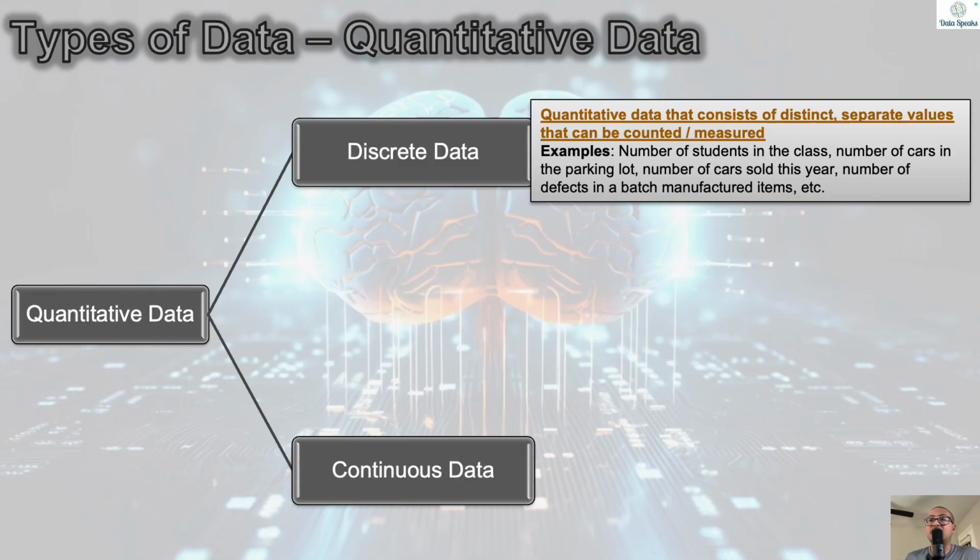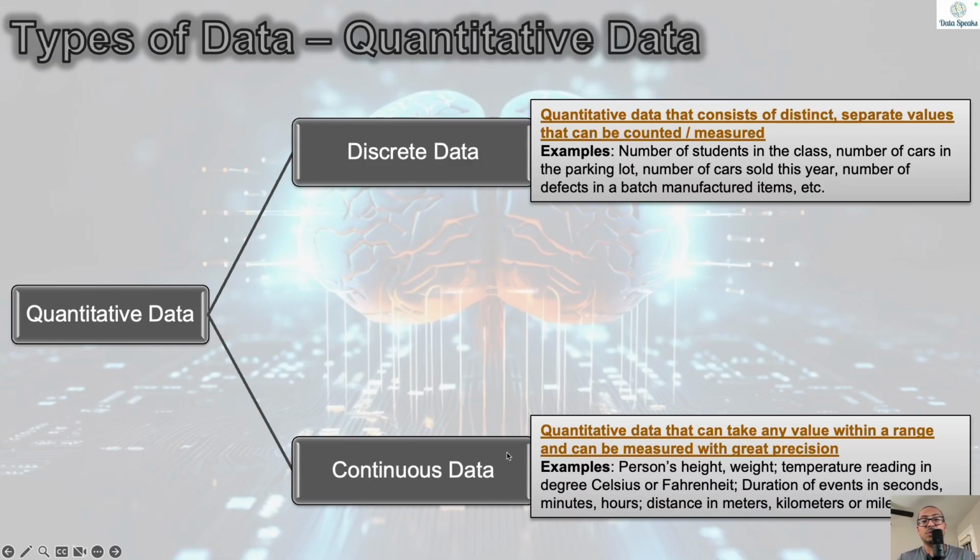On the other hand, we have continuous data. This type of data can take any value within a range and can be measured with great precision. Continuous data is usually the result of measurements and it can have an infinite number of possible values.